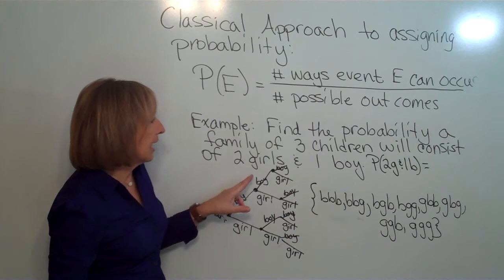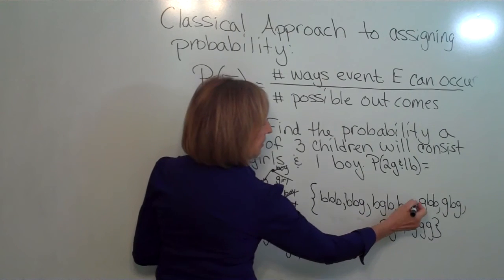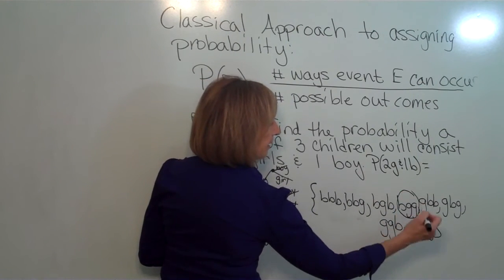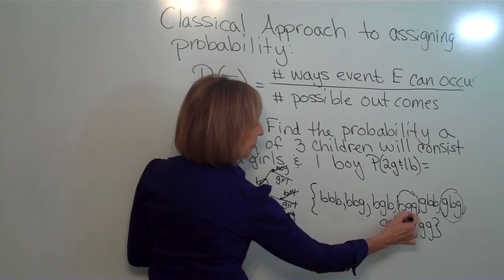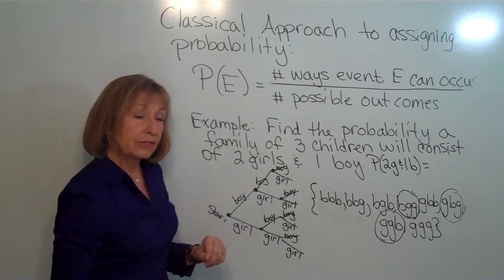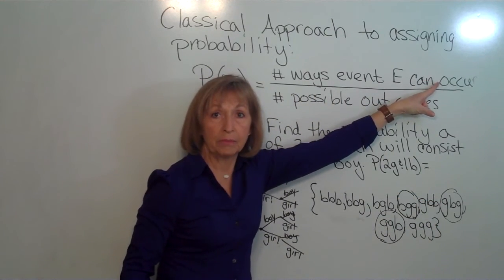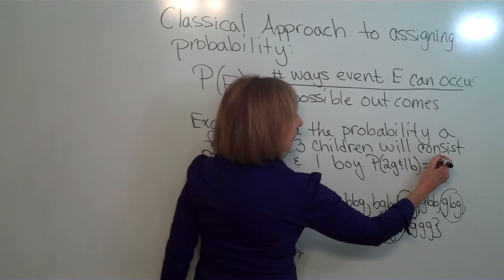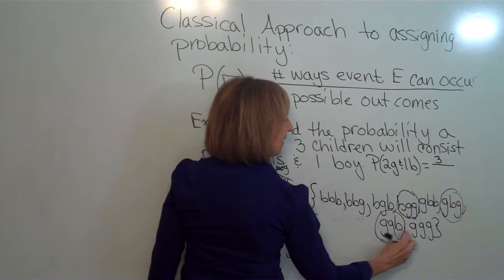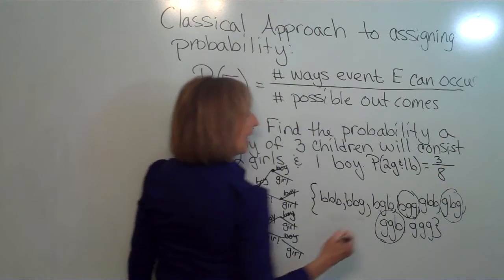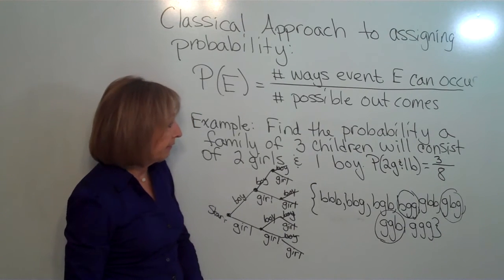So then I look, and 2 girls and 1 boy would be 2 G's and a B. So here's 2 girls and a boy, here's 2 girls and a boy, and here's 2 girls and a boy. So I have 1, 2, 3 ways that 2 girls and a boy can happen out of 1, 2, 3, 4, 5, 6, 7, 8 entirely possible outcomes of the gender of the children in a family of 3.